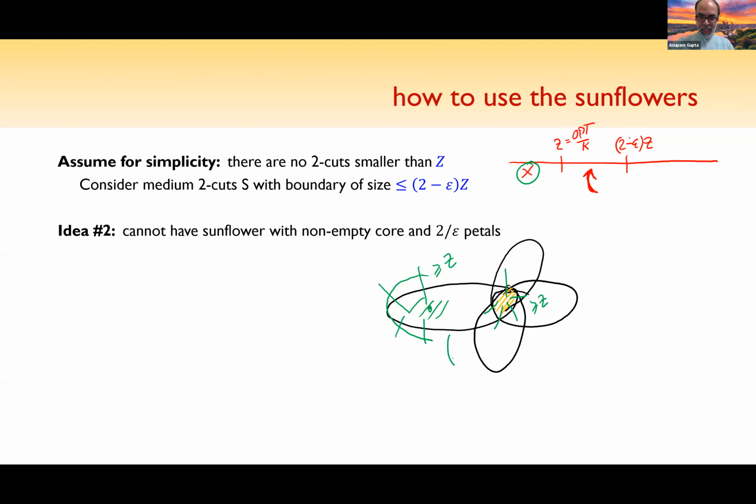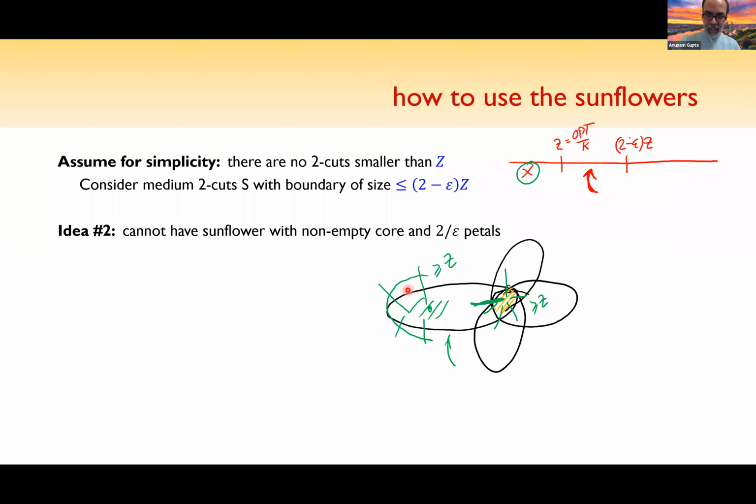But remember, this was a medium cut. Some of these edges could be going between the two parts. The number of edges leaving this part is at least z, and the number of edges leaving this part is at least z.